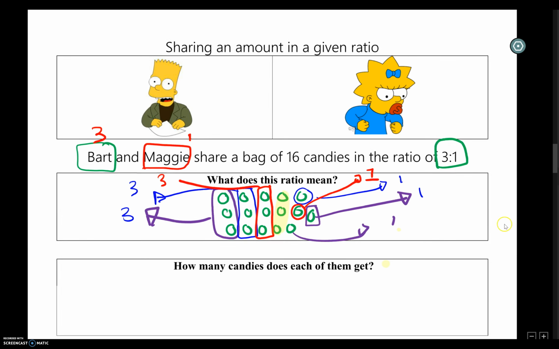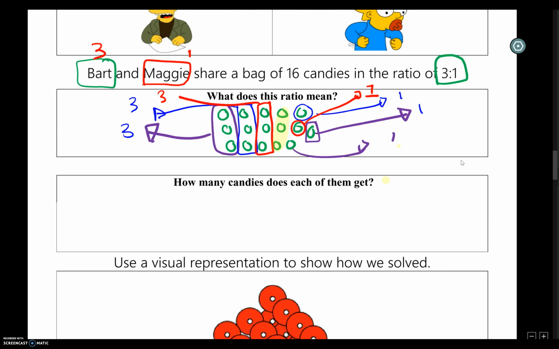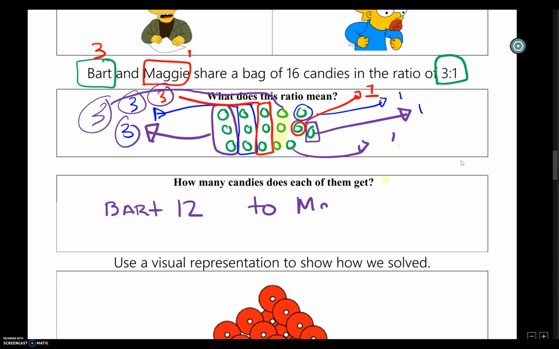So if we were to simplify it, Bart would get 3, 6, 9, 12. So Bart would get 12 to Maggie's 4.